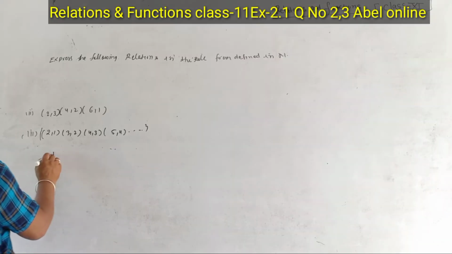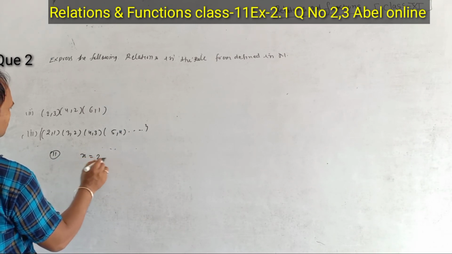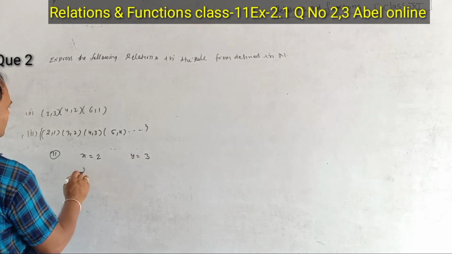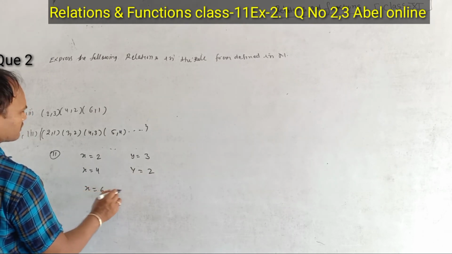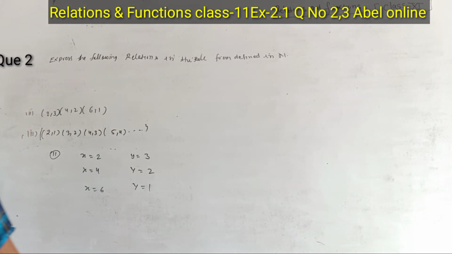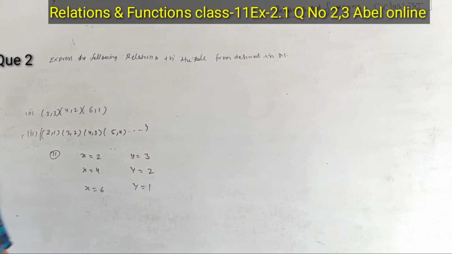The second part of this question is: x equal 2, y equal 3; x equal 4, y equal 2; x equal 6, y equal 1. So this data is given.